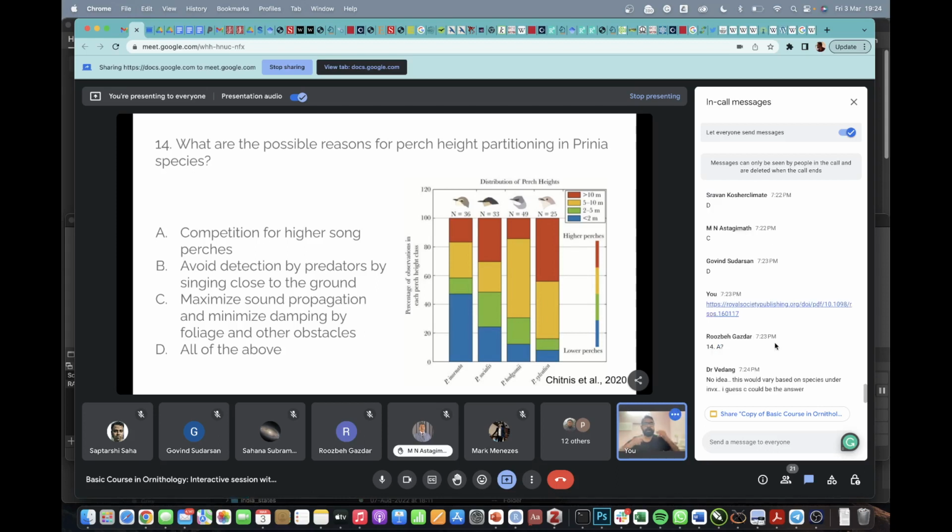There they looked at the number of times each particular species was sitting at a perch, and they noted the heights, and they found that each of these species has a different inclination towards sitting at a particular height more than the others. So like you can see, the first one sits more at a lower perch, and the last one sits more at the higher perch.